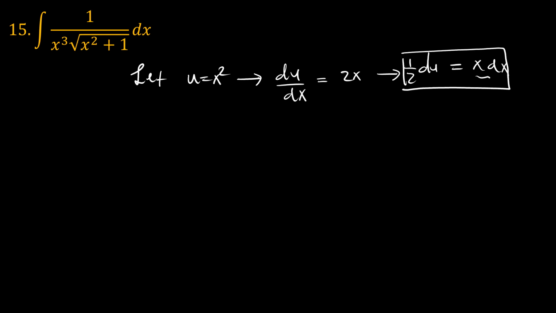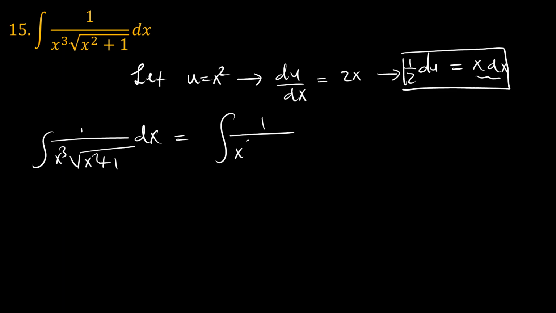And so to create a scenario where we have x dx in the numerator, our problem, which is the integral of 1 over x cubed times the square root of x squared plus 1, can be re-expressed as 1 over x to the 4 times the square root of x squared plus 1 x dx, which allows us to now import the half du.